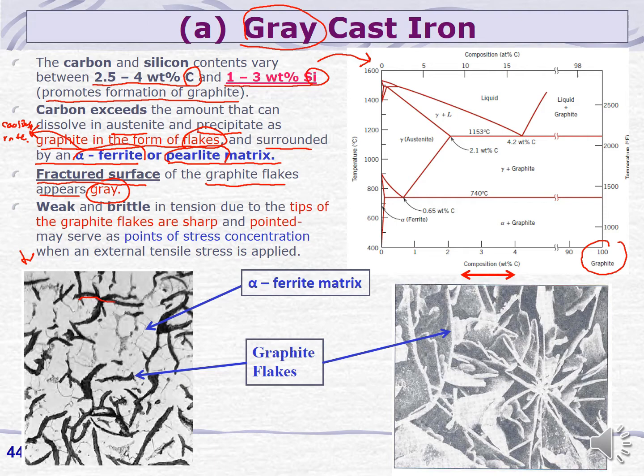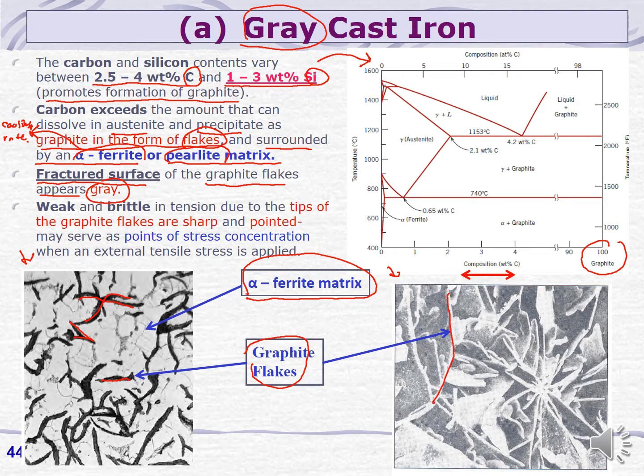This black flake structure refers to the graphite flakes, and the graphite flakes are surrounded by this white region, which is called the alpha ferrite matrix. This is a 3D image of the microstructure, where you can clearly see the shape of the graphite.